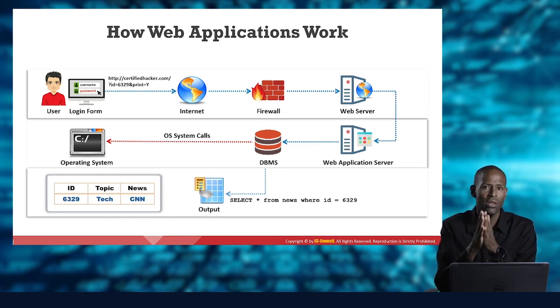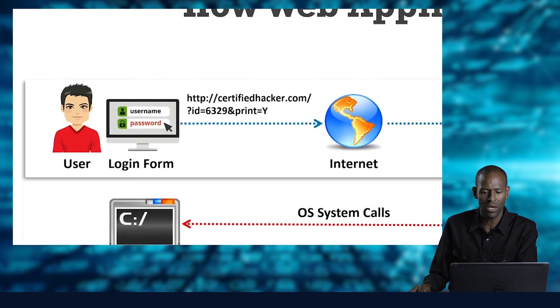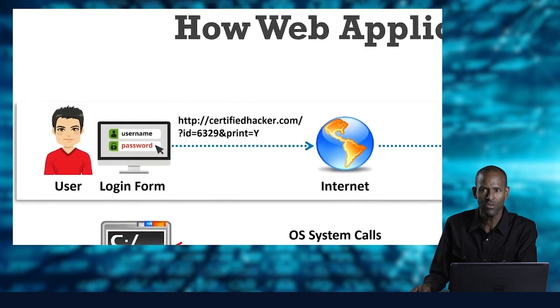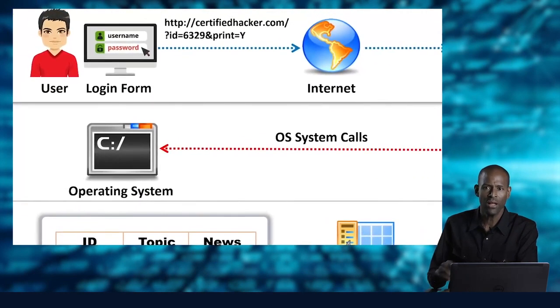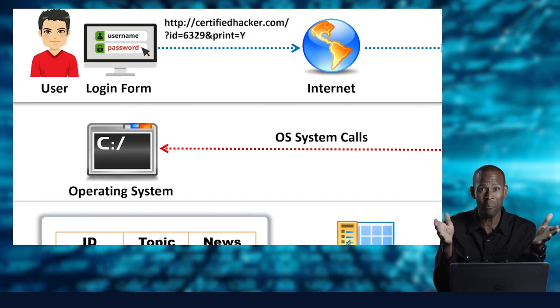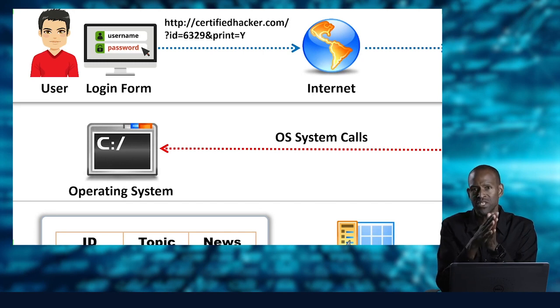Another thing that I want you to have a look at, especially for hacking web applications, before we talk about how it works in specific, is this right over here. See right on the top of the screen, we have the URL. Let's talk about what this URL means. A lot of people don't think about what a URL means. On the far left side, we have the protocol.